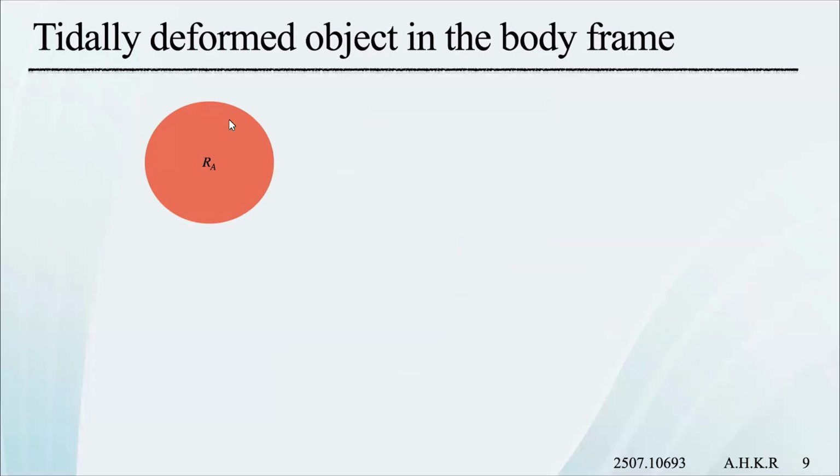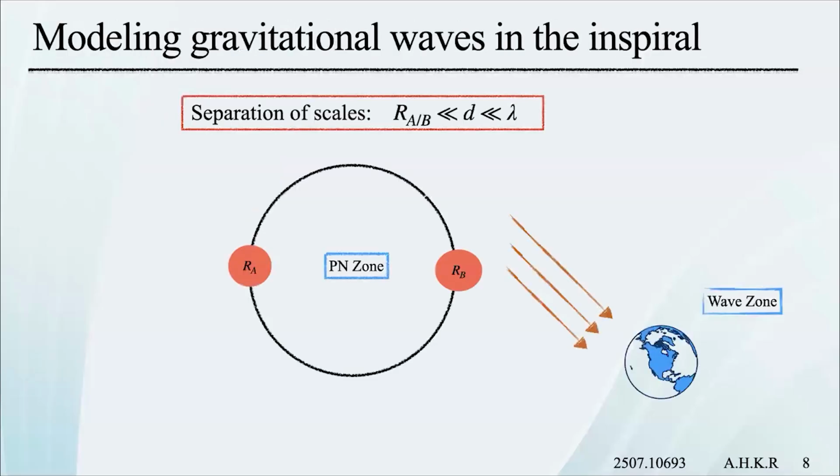In the early inspiral, the object is... I'm sorry, can I ask you something? Yeah. So when these two objects are moving around each other, D is probably the separation between the two that you showed in the previous slide. Yeah.